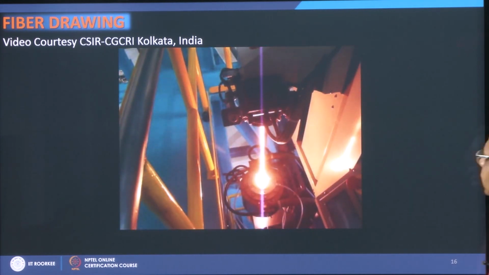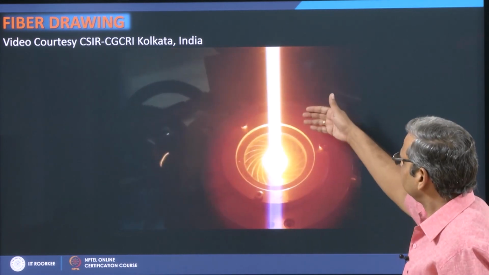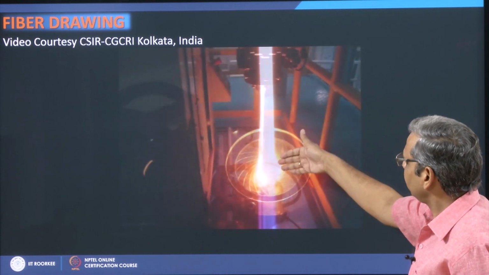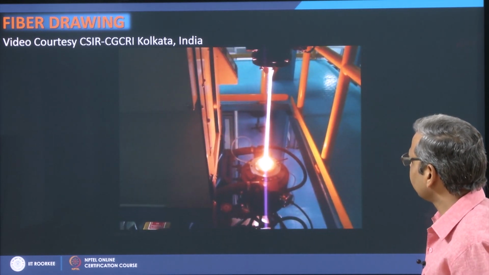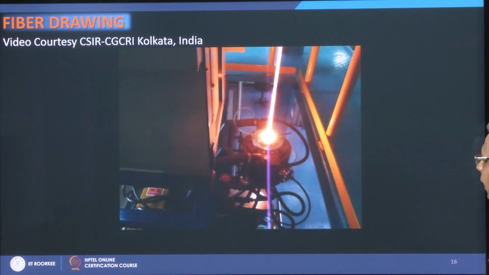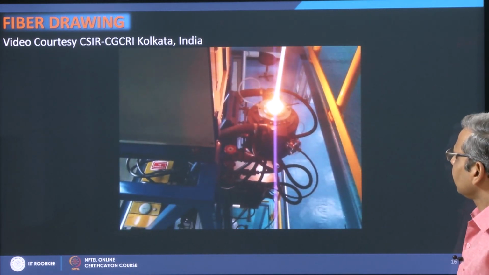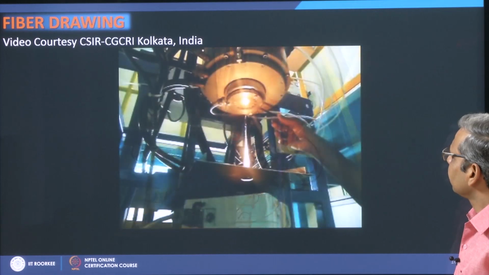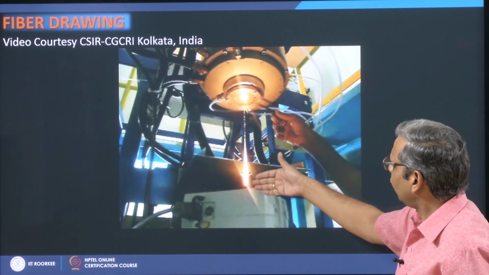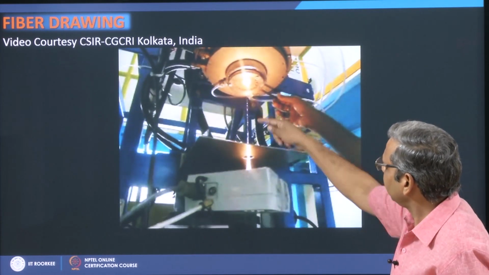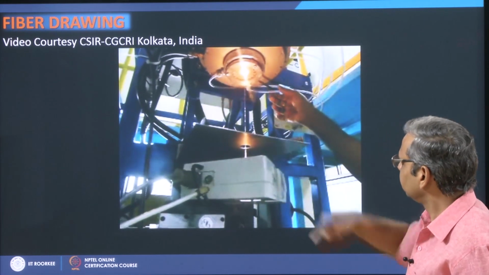So you can see that this is the fiber preform into a furnace, and you will see initially this gob of glass is formed, and this is the fiber coming out, okay.